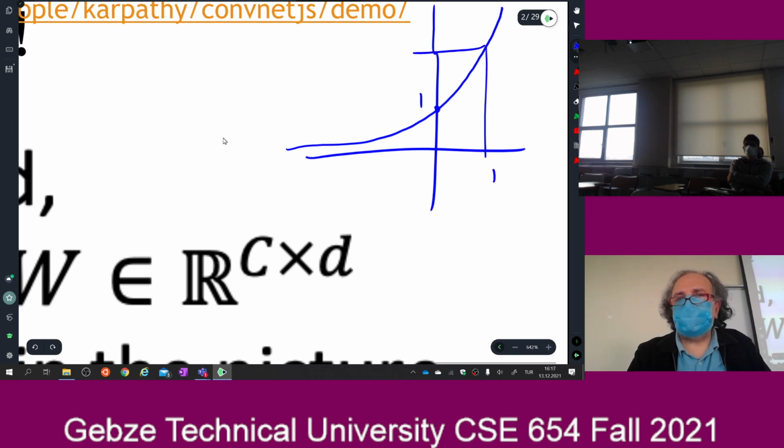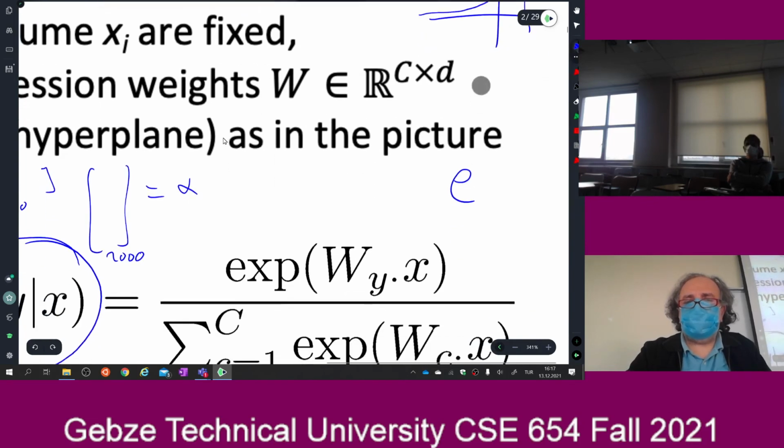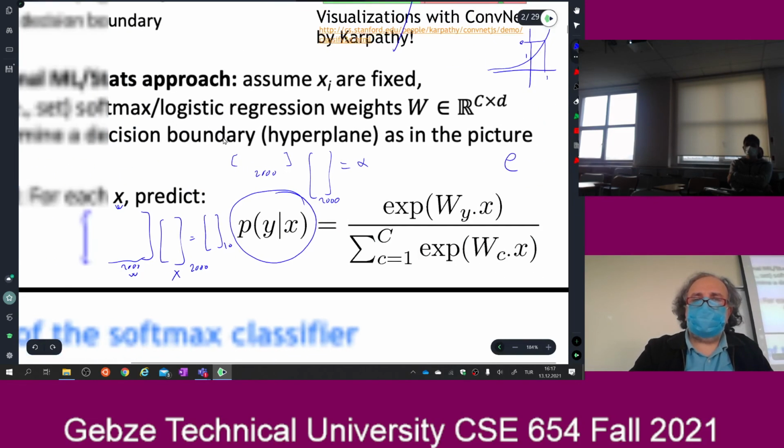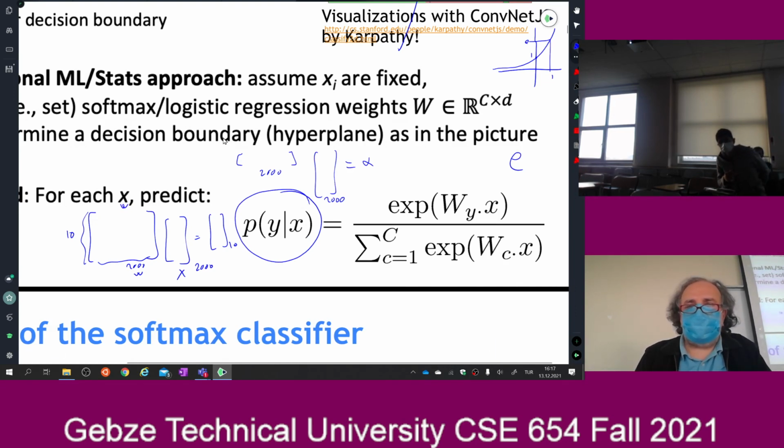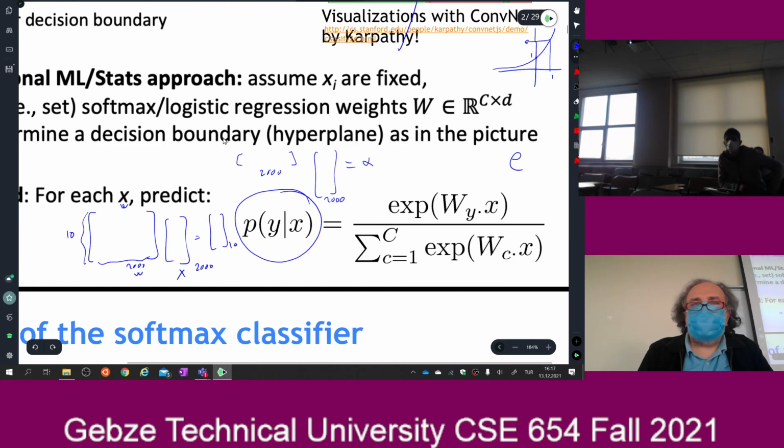So if I put this number into the e to the power, this will definitely be a positive number. So we handled this positive thing. We use this exponential for positive numbers only.